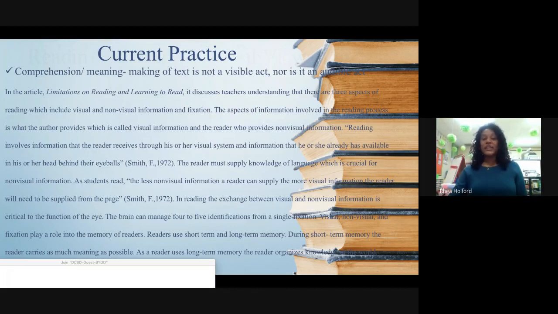Visual, non-visual, and fixation play a role in the memory of readers. Readers use short-term and long-term memory. During short-term memory, the reader carries as much meaning as possible. As a reader uses long-term memory, the reader organizes knowledge of the world.